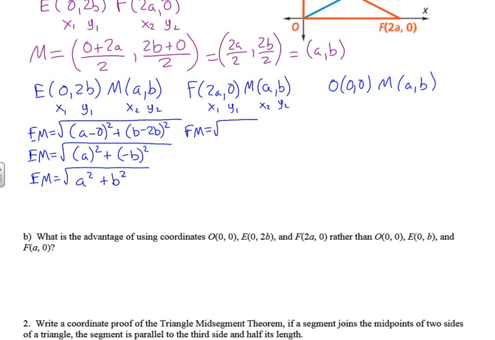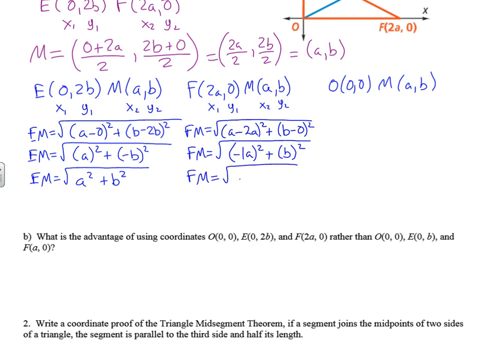For FM, the square root of x2 minus x1 quantity squared plus y2 minus y1 quantity squared. So we do our little algebra. a minus 2a is negative a, squared. This is just going to be b squared. When we square that, we get a squared plus b squared.